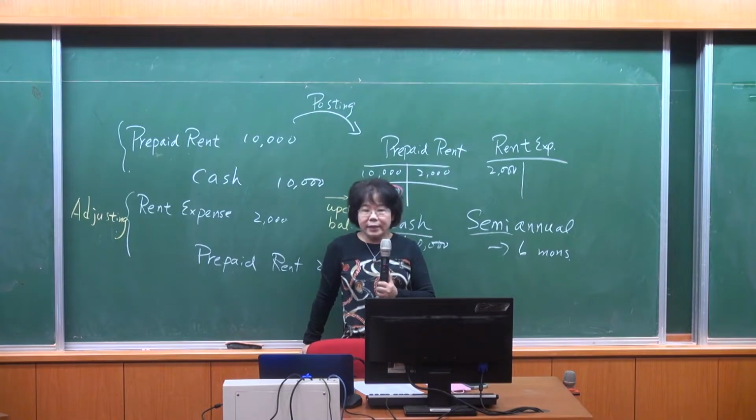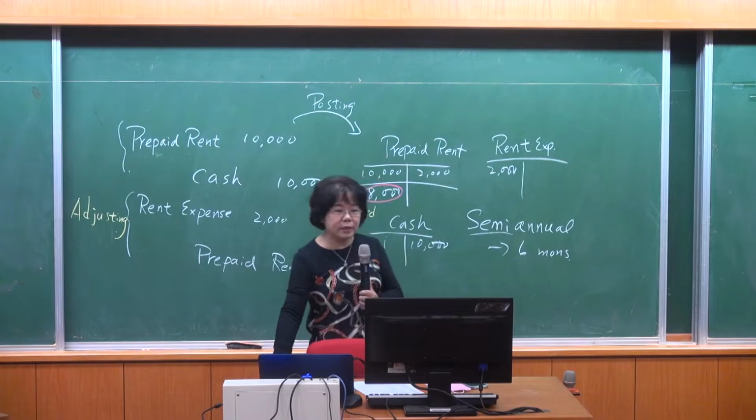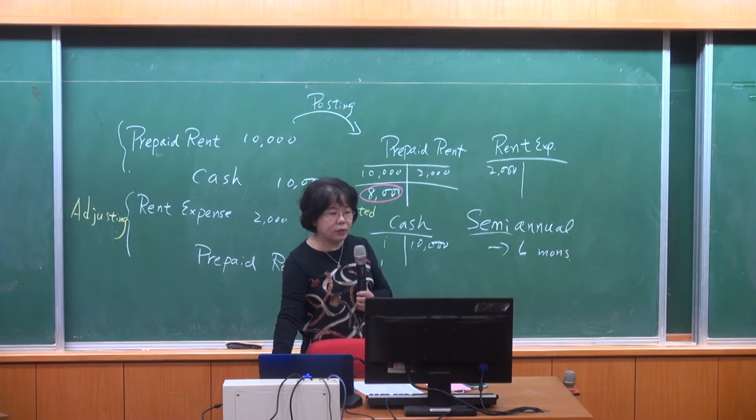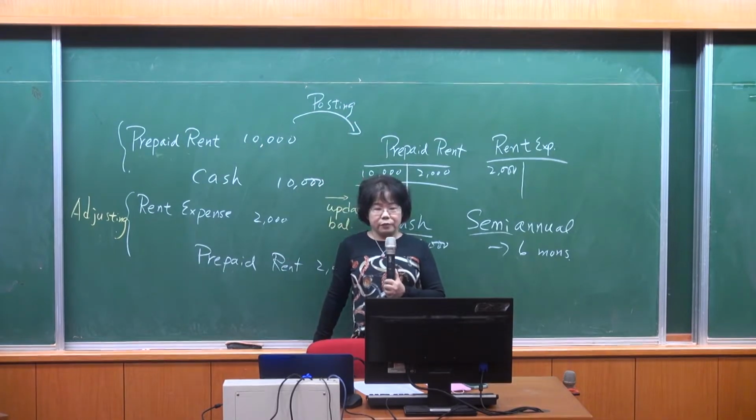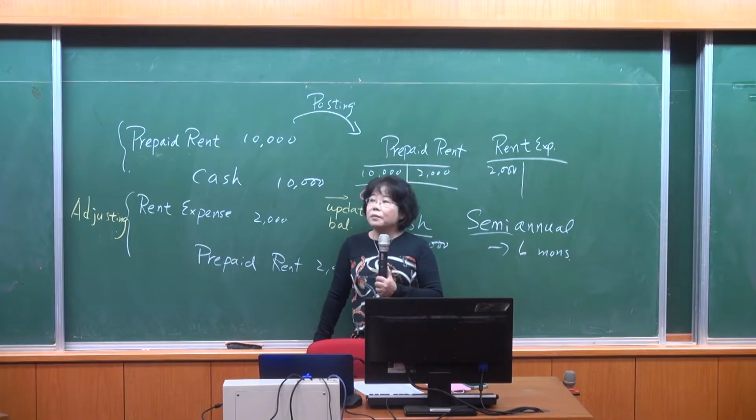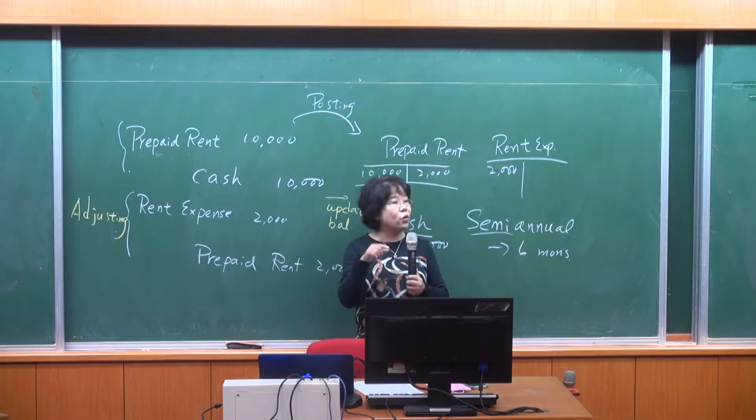Okay, the key issue for the accrual basis, because we learned that for the several principles, one of them is revenue is recognized when earned. Recognize means you have to record it.